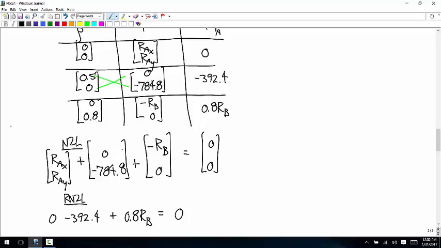So we know that from this one we can calculate RB. Okay, and it comes out positive 490.5. And then RA is equal to positive 784.8. And the x component is equal to RB, so that's 490.5.